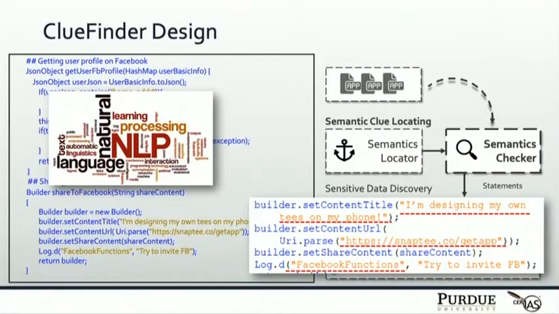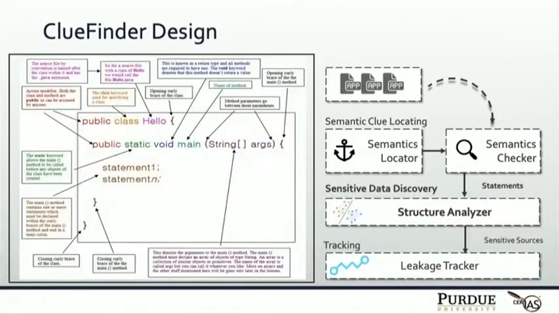The checker uses NLP techniques to determine whether the identified tokens are indeed the main subject of each element. And those program elements meeting the requirements of the semantics checker will further go through a program structure analysis. The structure analyzer classifies each function invocation as either sensitive or not.